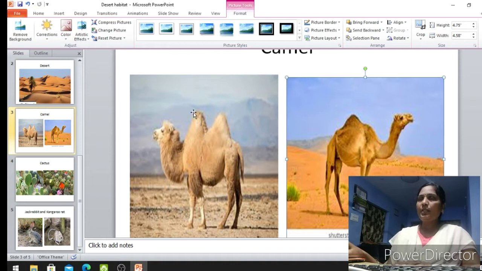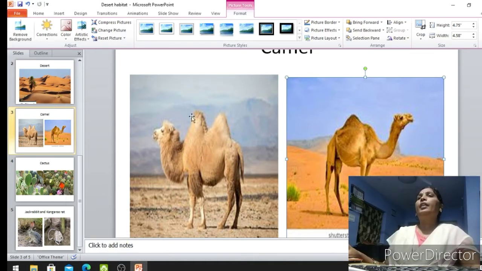The area which is the back of the camel's body, where the raised part can be seen in the picture, where I am moving my cursor, this is the raised part of the camel. This part is called the hump. This hump helps to store the fat. Whenever the fat is digested, it releases a liquid substance.